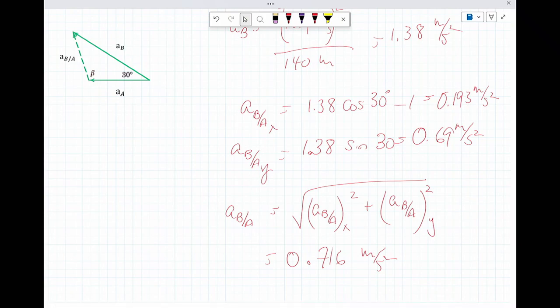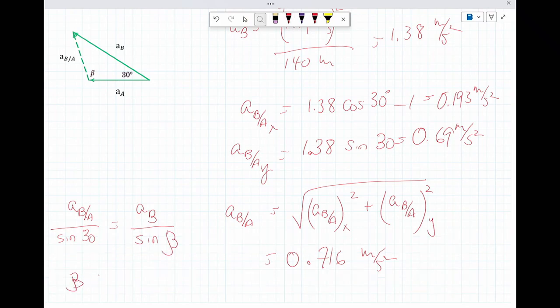And from this, we can go back to triangles. And you can say acceleration of B with respect to A over sine of 30 is equal to acceleration of B over sine of beta.